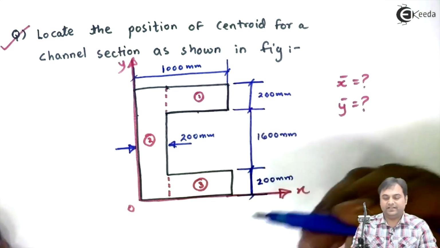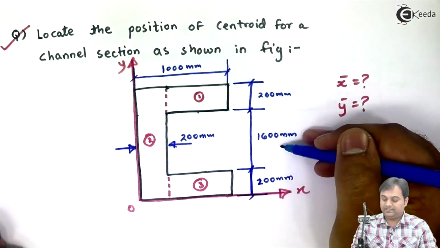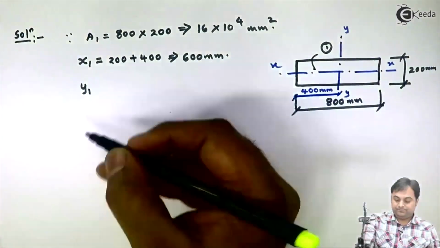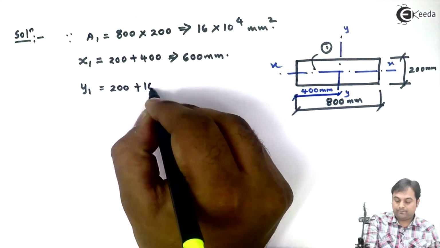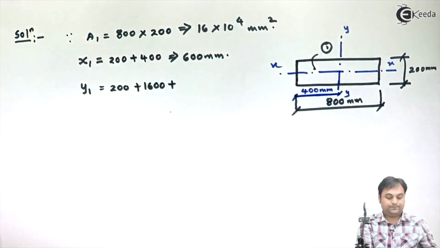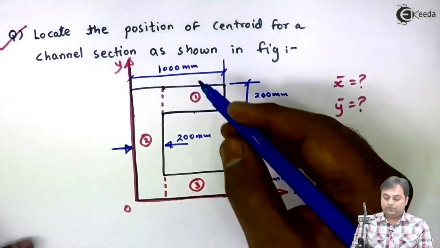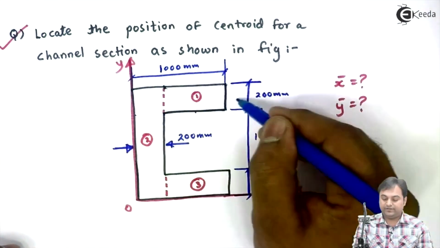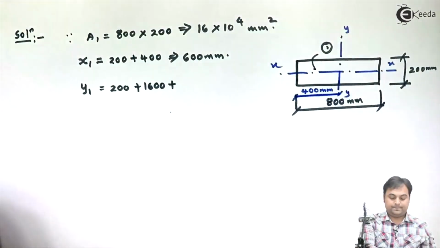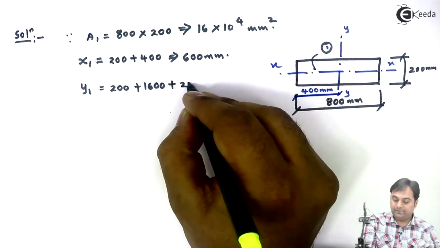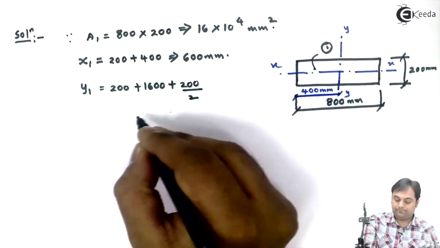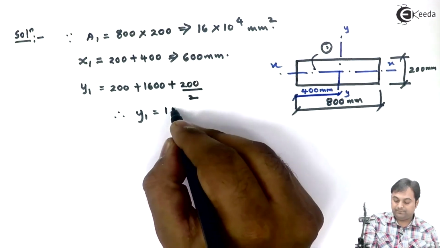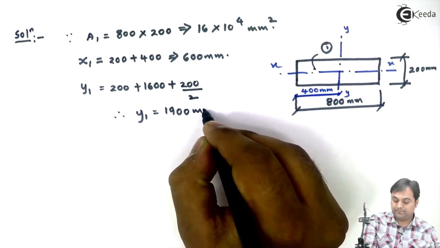The first rectangle is starting after 200 plus 1600, so it is 200 plus 1600 mm plus the x-axis for rectangle number 1, which will be at half of 200, so it is 100. So y1 will be 1900 mm.